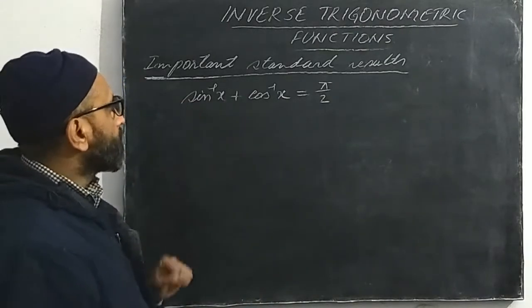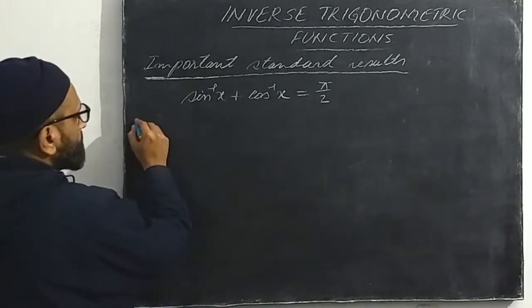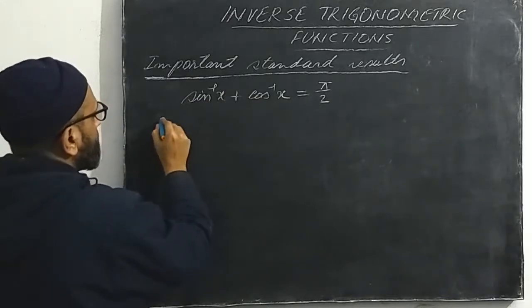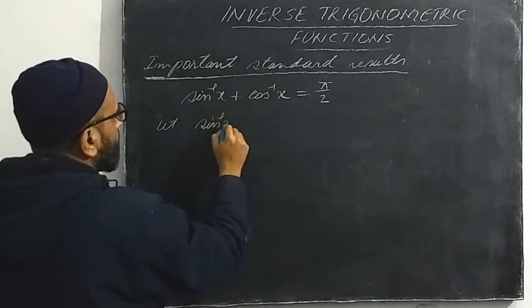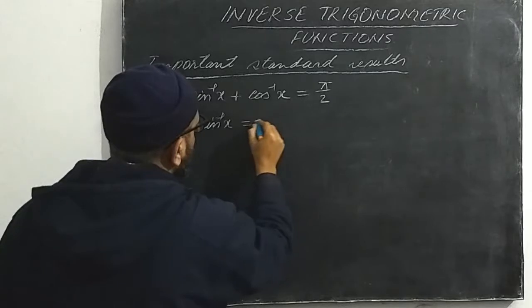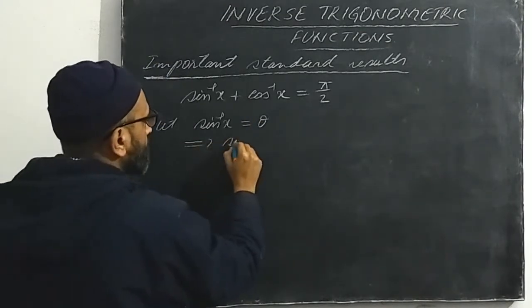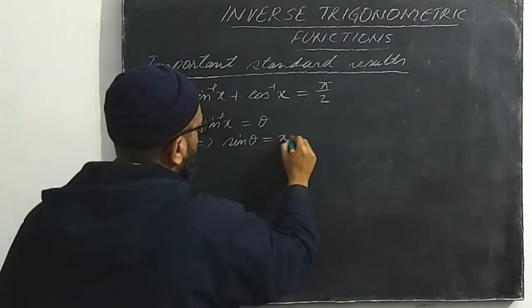Now we will talk about the first standard result, which is sine inverse x plus cos inverse x is equal to pi by 2. So how do we get this? Let sine inverse x be equal to theta. It implies that sine theta is equal to x.